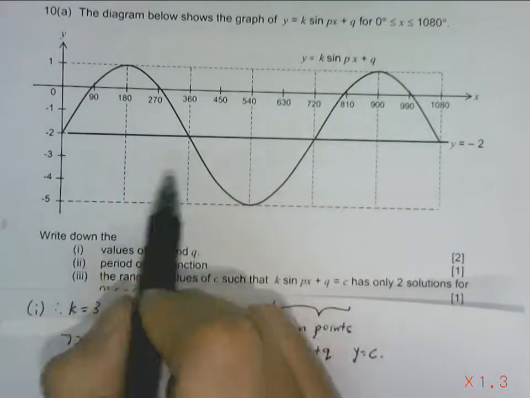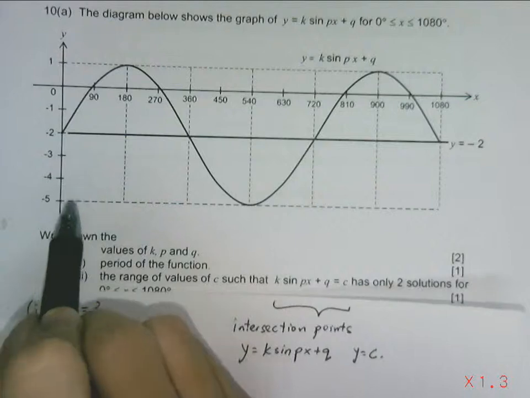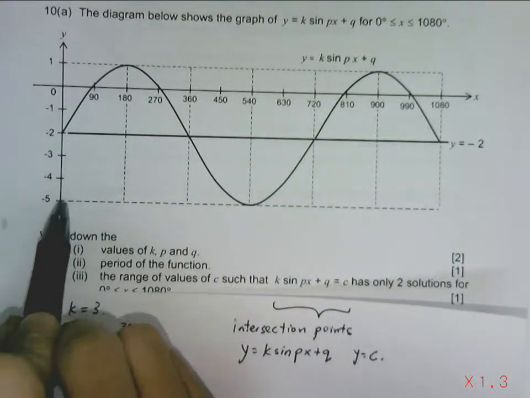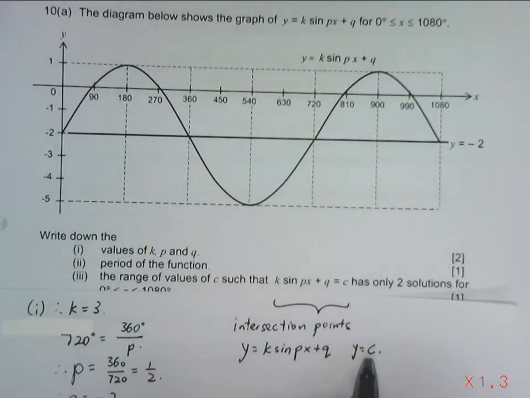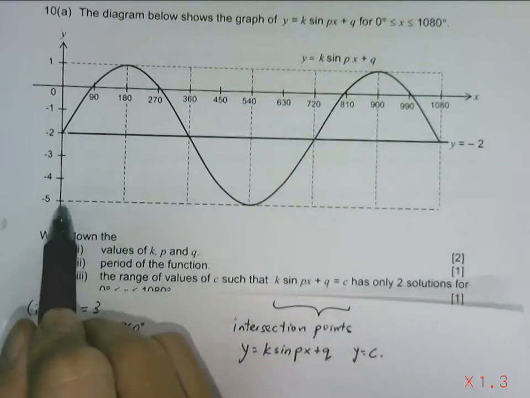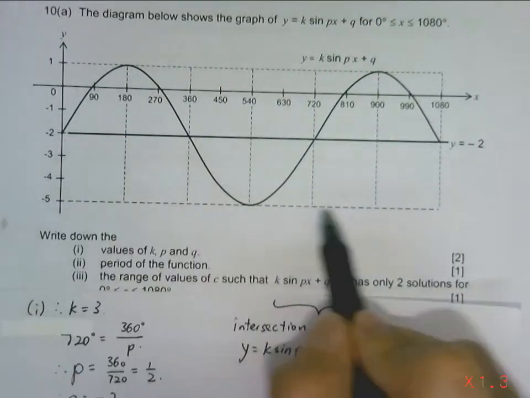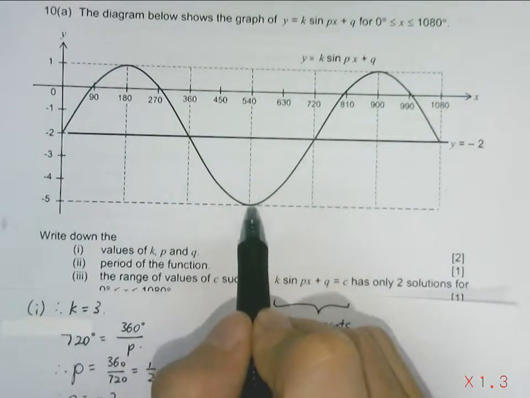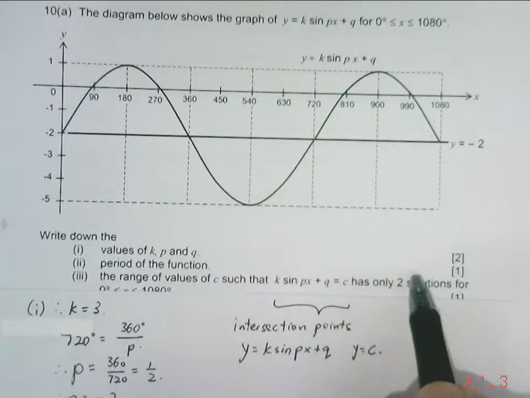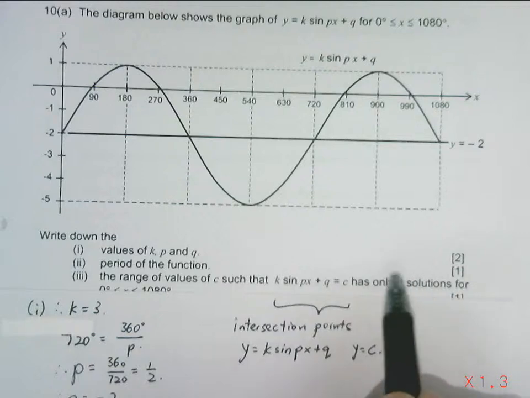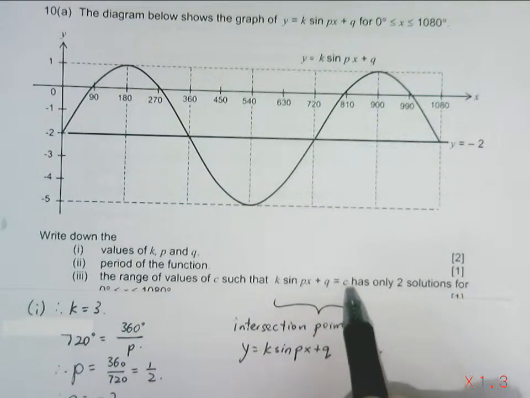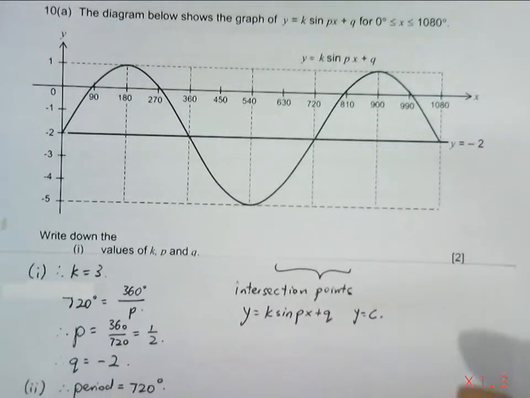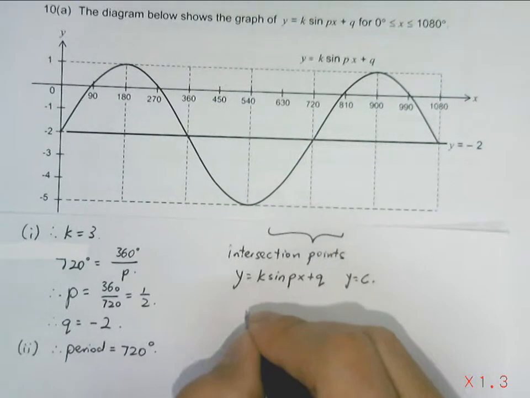If we bring down the line to y equals minus 5, the line and the sine graph will only have one point of intersection, which is not what we want. So we know that c must be more than minus 5.